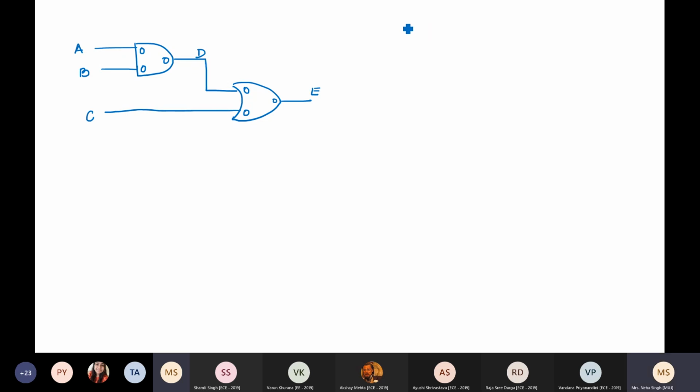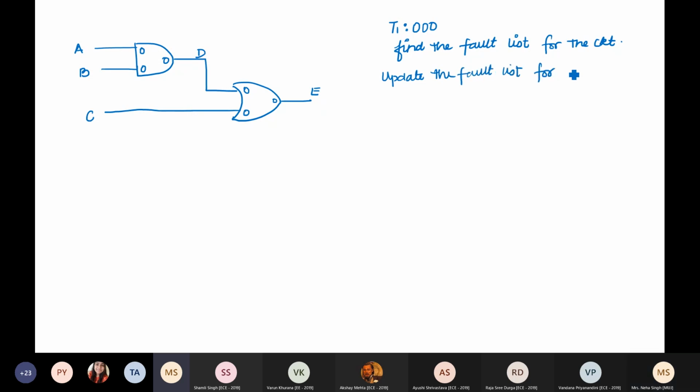Assume the test vector initially as 0, 0, 0. Find the fault list for the circuit. Then update the fault list for the test vector T2 as 1, 0, 0. It means you see an event at A. For this, try to find the updated fault list.